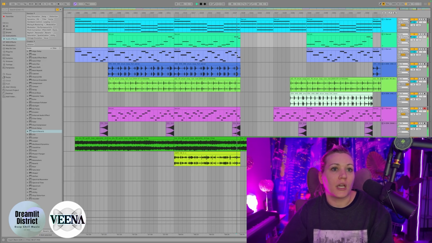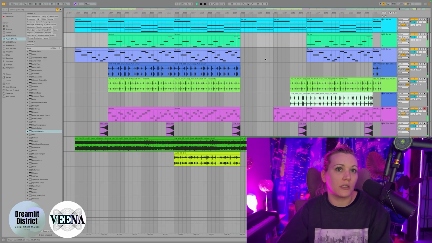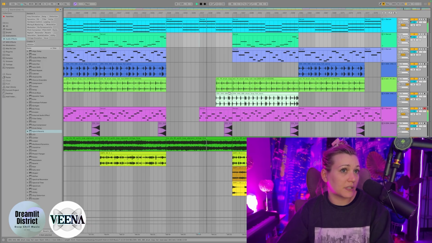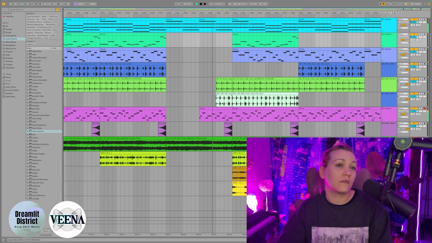And then we have a riser, and then a break with the synth and the chord progression. And then we have bringing back the bass here, bringing back the drums right after the bass. And then a riser, and then the whole beat drops again.